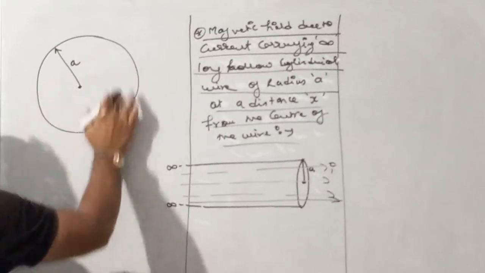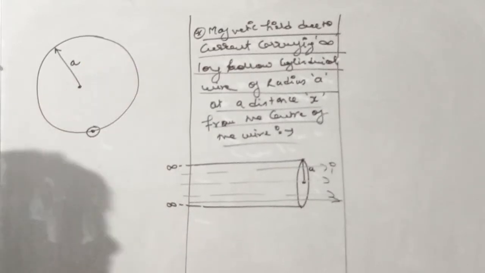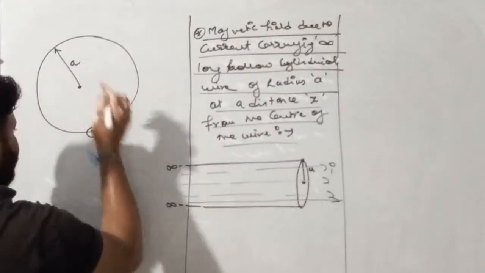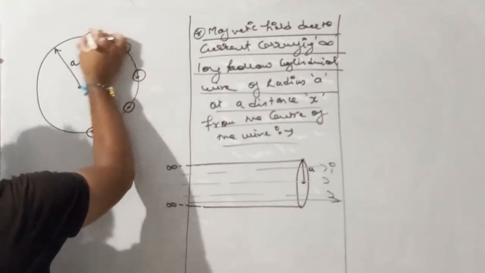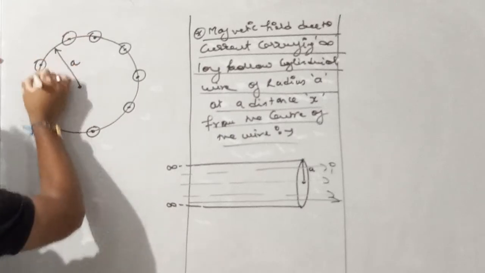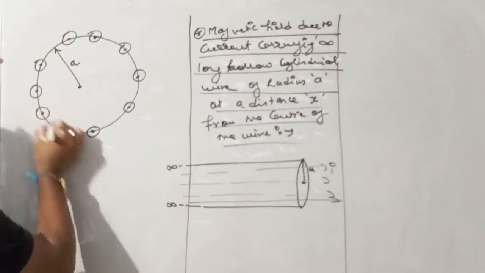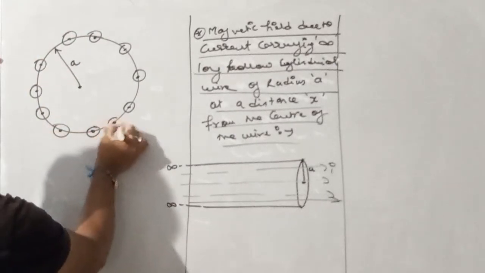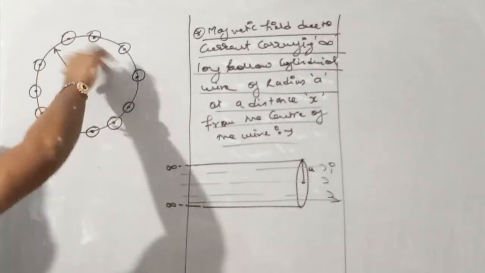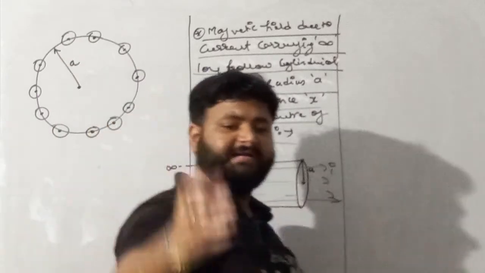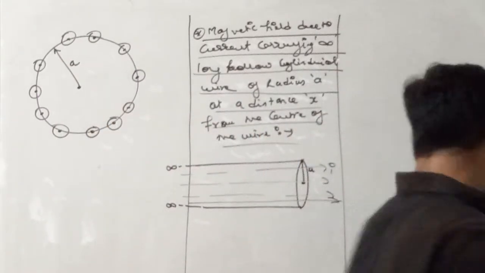Inside the hollow wire nothing is there, no surface is there, so current only flows from its surface. I'll mark the direction of current as away from the plane, that's why I made it as dot. So this is the direction of current, and the total current flowing from this hollow wire is I.